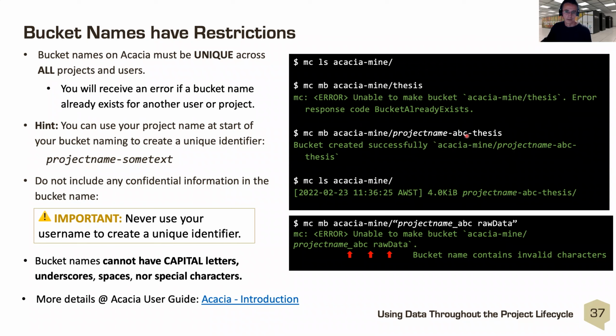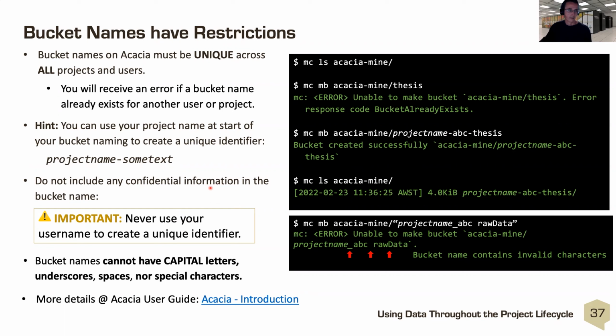We don't recommend using your username as the unique identifier, because those bucket names are visible to other users. And if you expose your username, then that can be a security threat, and people could try to access Pawsey systems using your username. So basically, no usernames, some initials maybe, and the name you want to use. And in this case, the bucket was created successfully, and I can list it, etc.